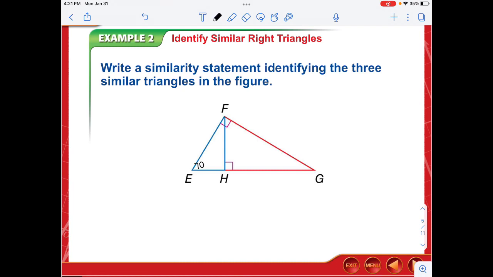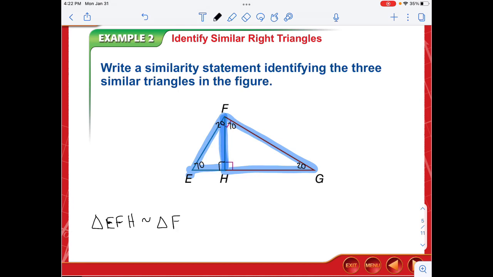So if I say, okay, E is 70 degrees, this angle here has to be 20, just because triangles have 180 degrees. And then keep going, that has to be 70, and then angle G has to be 20. So if I'm writing my similarity statement, I'll go ahead and say triangle E, F, H for my small left side triangle, and then since I did 70, 20, 90 on my right side triangle, I'm going to have to do 70, 20, and 90 as well.